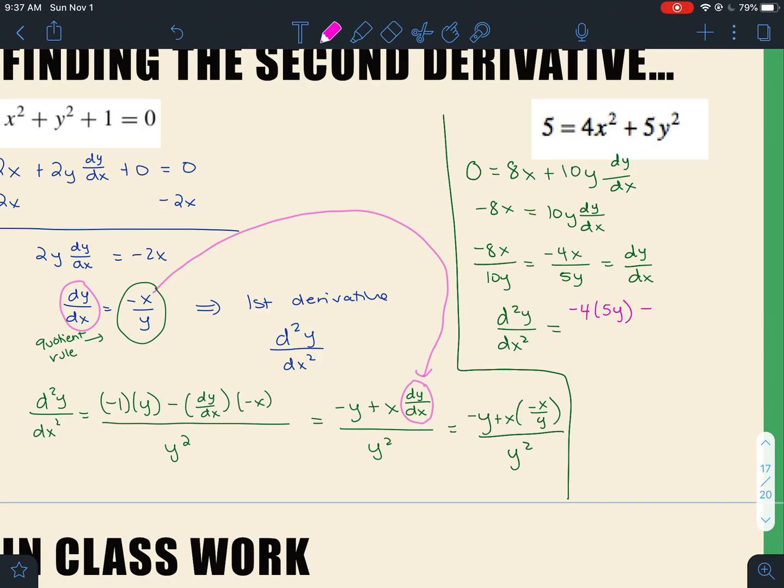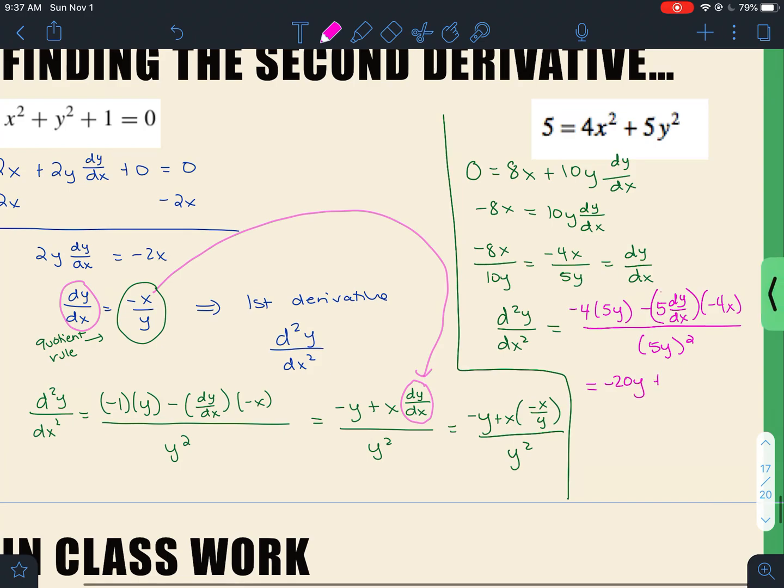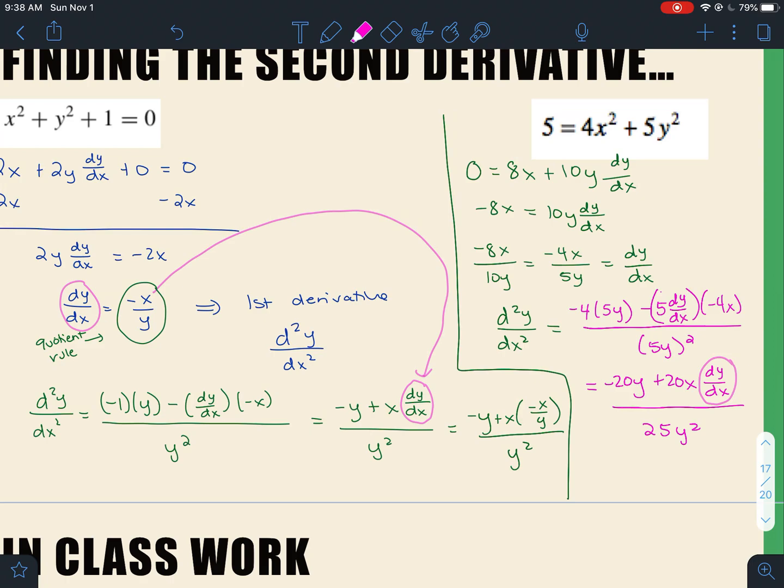To find the second derivative, d2y over dx squared is going to equal, quotient rule. Derivative of the top is -4 times, leave the bottom alone, minus derivative of the bottom is 5 dy/dx times, leave the top alone, -4x, then all over the bottom squared, so 5y squared. So if I simplify this, I get (-20y plus 20x dy/dx) all over 25y squared.